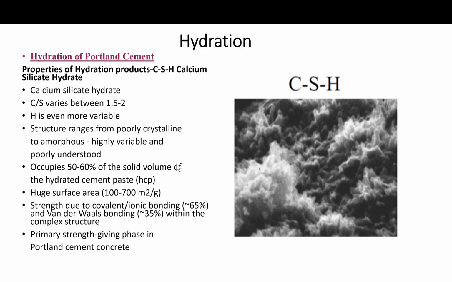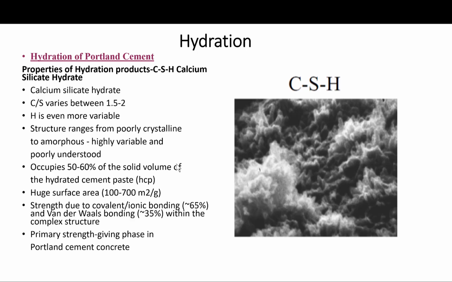The internal structure of the calcium silicate hydrate also still remains unresolved. Previously it was assumed to resemble the natural mineral called tobermorite, and that is why you might see it in some references called the tobermorite gel.